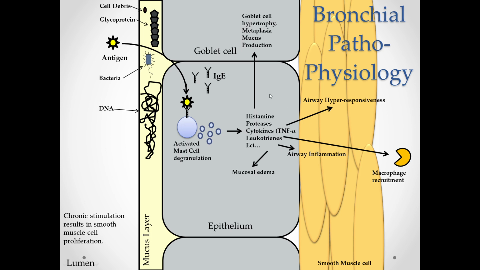You can take an anti-IgE medication to get rid of these IgE antibodies that couple this antigen to this mast cell to activate it. We have antihistamines, anti-inflammatories, things that deal with airway hyperresponsiveness like beta-2 agonists and anticholinergics, and so on and so forth.